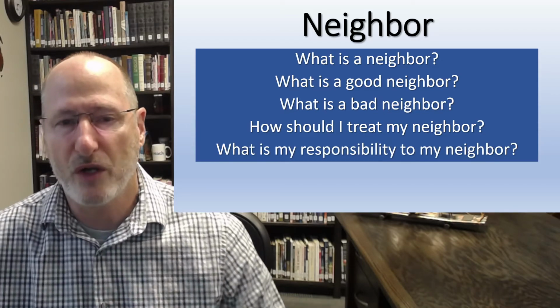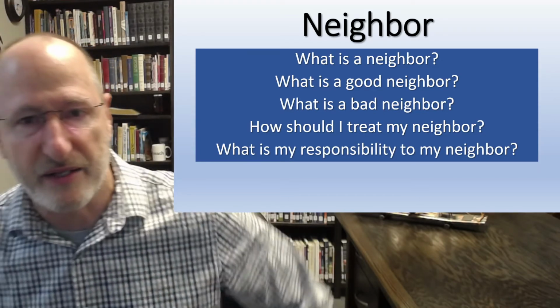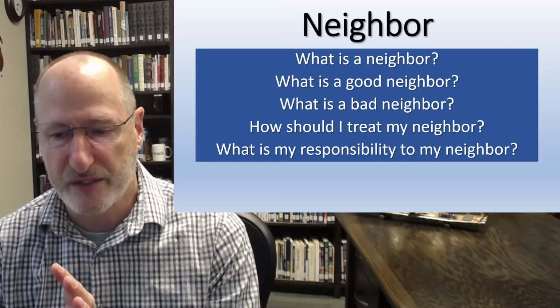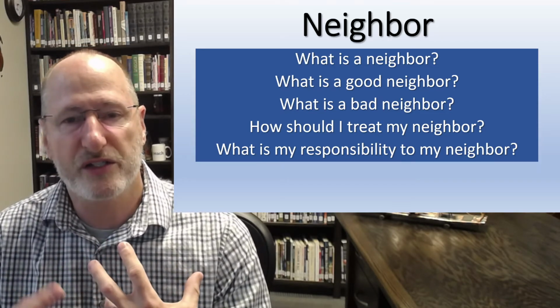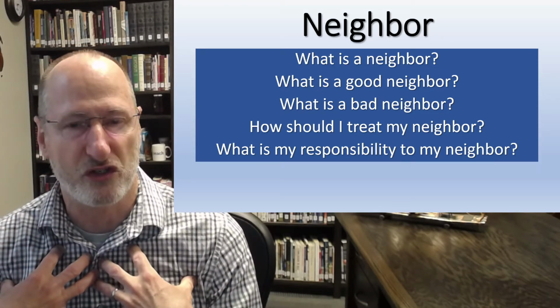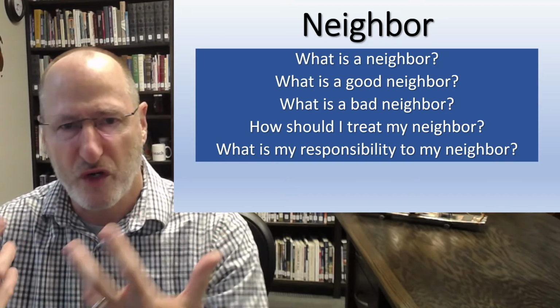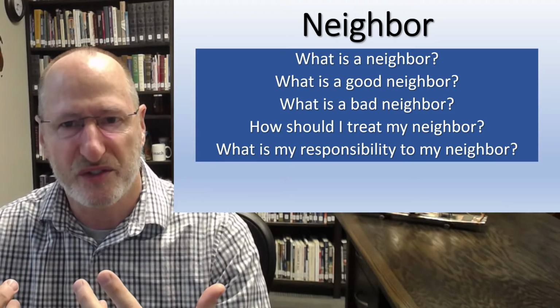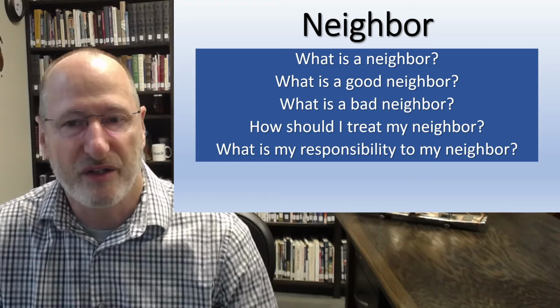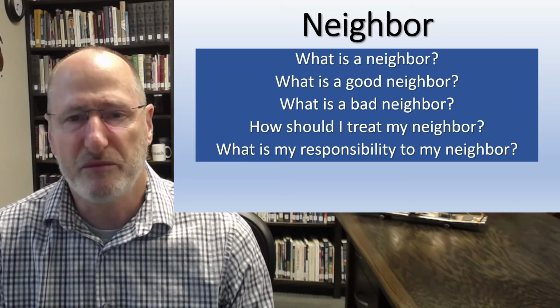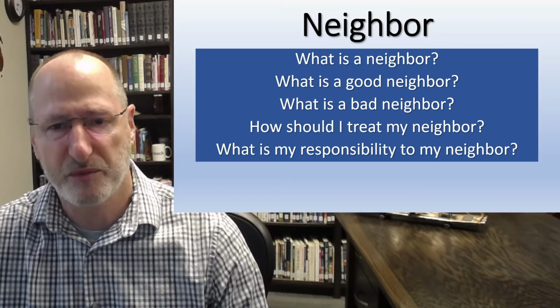Now, I want you to notice here that something like this can be useful in drawing someone into a gospel conversation. The purpose for creating this paradigm of a neighbor, a good neighbor, is because we're working our way to the gospel.